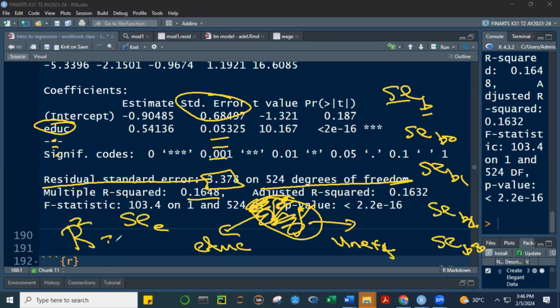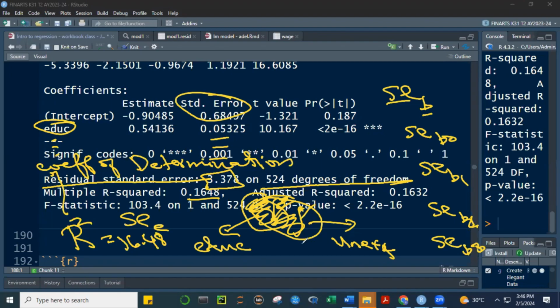Yan yung tawag dyan. R squared is 16.48. This is also called the coefficient of determination. Ang tawag dyan, coefficient of determination, yung percentage of the variability of our dependent variable which can be explained by our predictor.